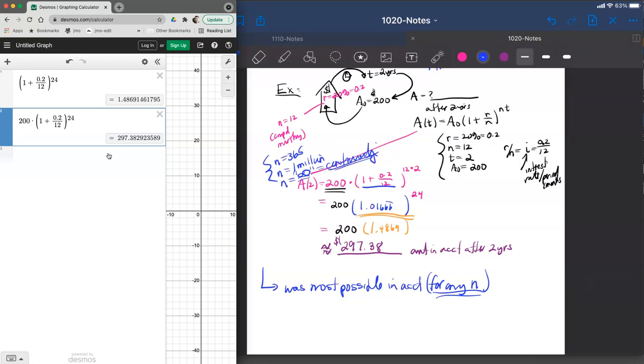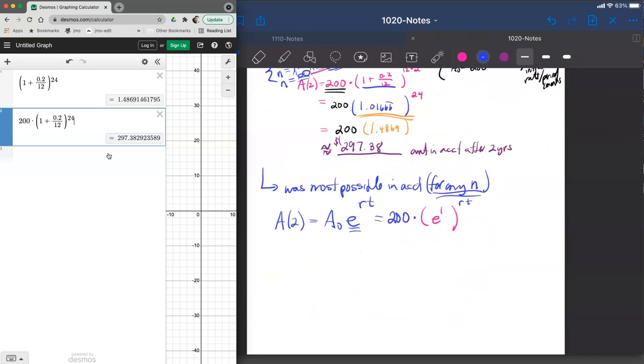The way you would get the maximum amount in the account is to use the other compound interest formula, A0 e to the rt power. Now we're going to use the exponential function. We have A0, that's 200, and then we have the number e to the first, and then we raise that to the rt power.